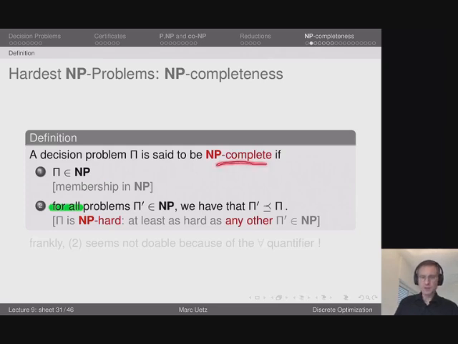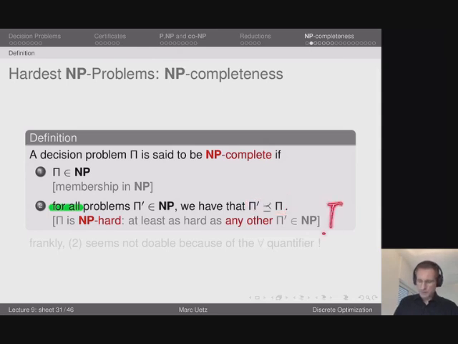We call a problem NP complete if it is first of all a member of the class NP, and it should be at least as hard as any other problem in the class. So there should exist a reduction from any other NP problem pi prime to our problem pi.